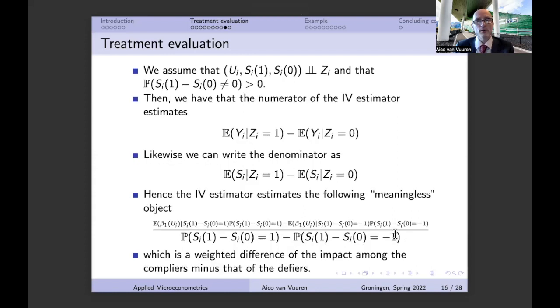Well, then what we're going to do is make a couple of assumptions. First of all, I'm going to assume that U_i, S_i1 and S_i0 are independent from Z, so from the instrument. You should realize that this is quite like what we usually have when we think about instrument exogeneity.